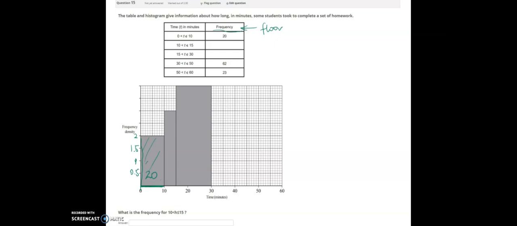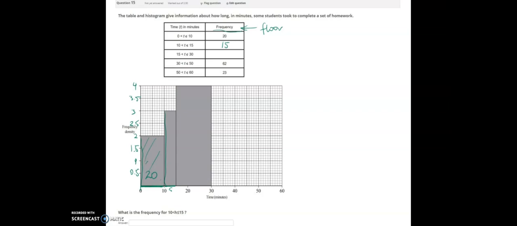So this must be 3, 4, 2.5, 3.5. Now this information is going to help us work out the other frequencies. So between 10 and 15, which is this one here, so this is 5, times 3, that gives us 15.